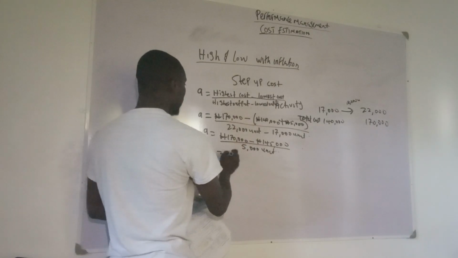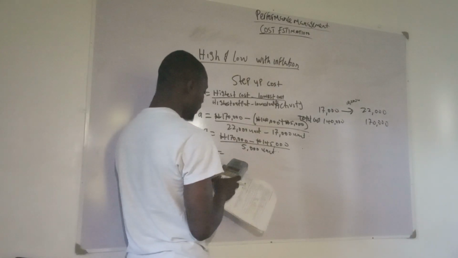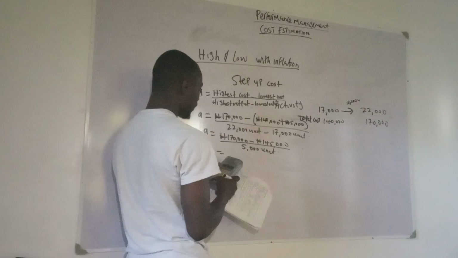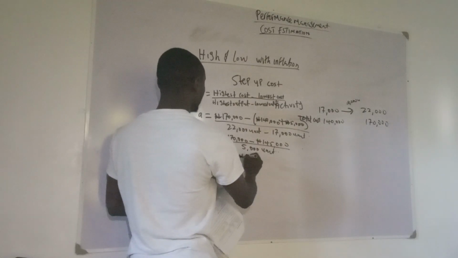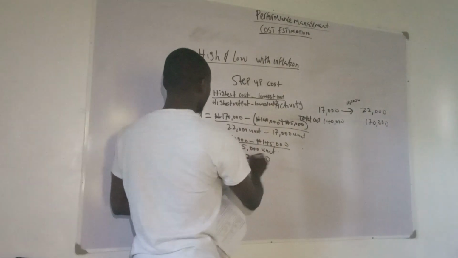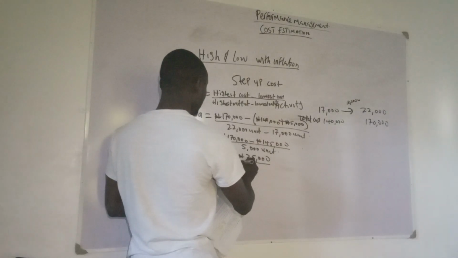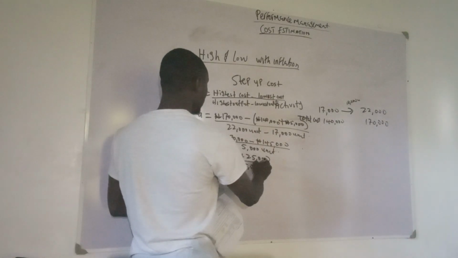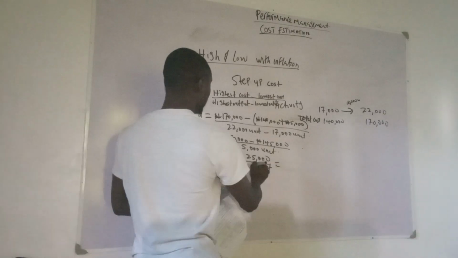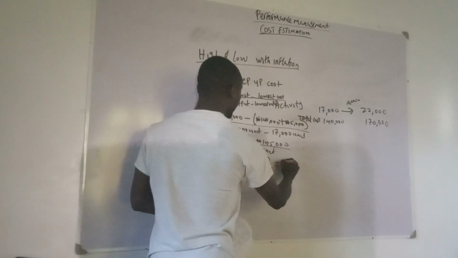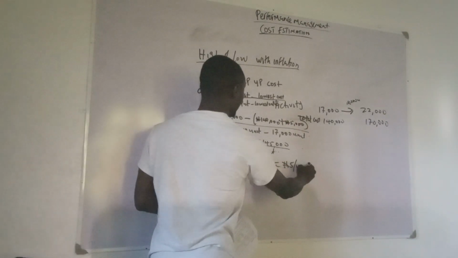So A, which is the variable cost per unit, we can have 170 minus 145. So this is 25 divided by 5,000 units. So this is 5 naira per unit.